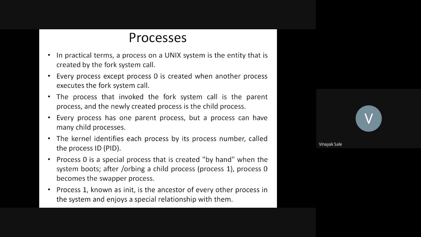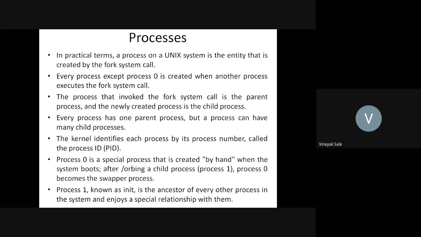So in practical terms, a process on a Unix system is the entity that is created by the fork system call, and every process except process 0 is created when another process executes the fork system call.